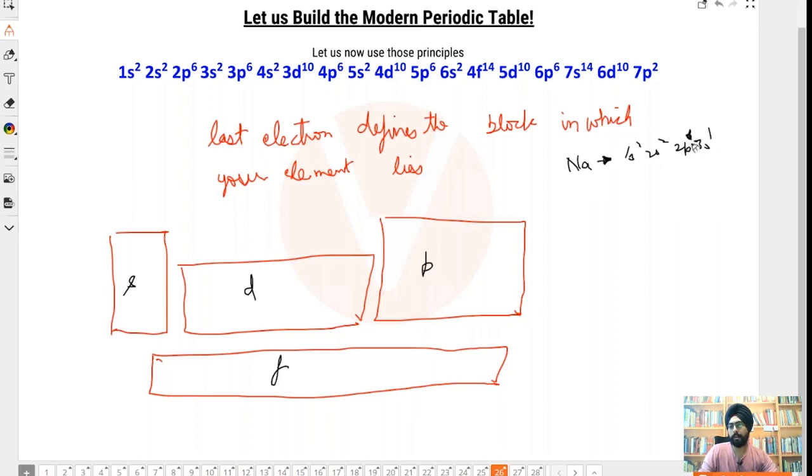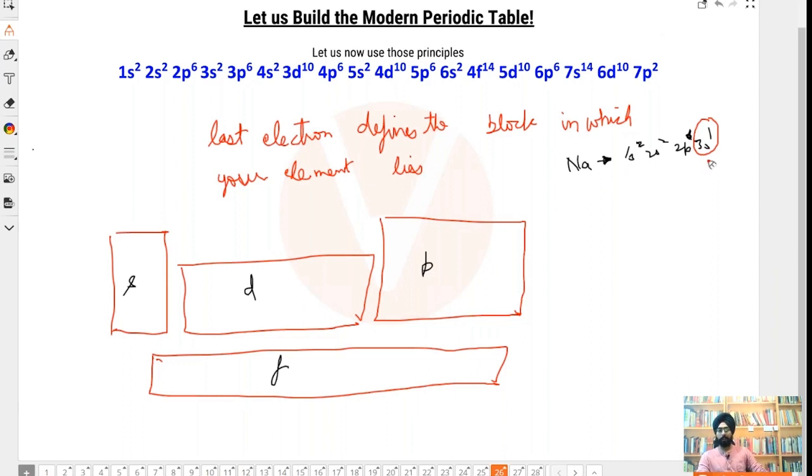Yes? This is the electronic configuration of sodium. The last electron is going in the... Hello, check. Hello, people. What's up? Yeah, it is back.